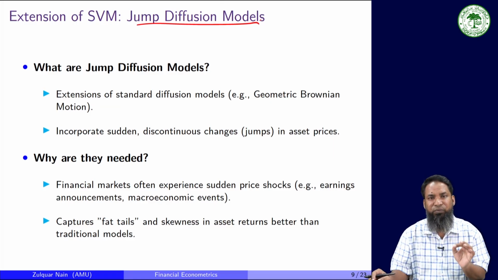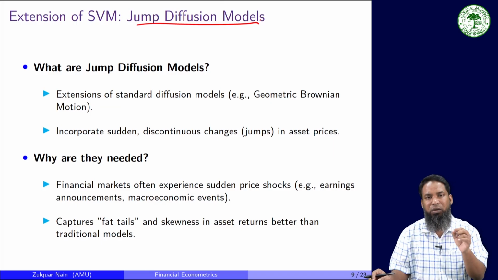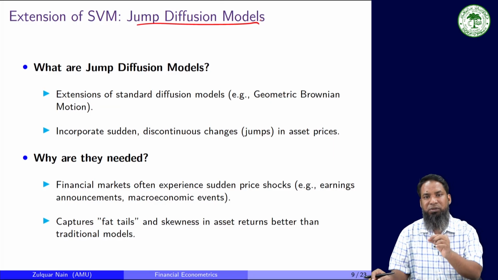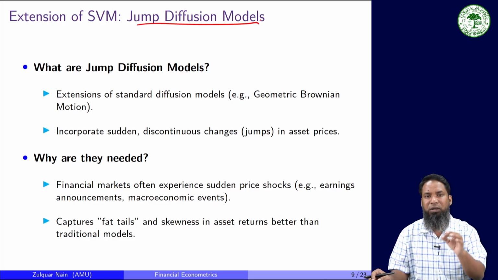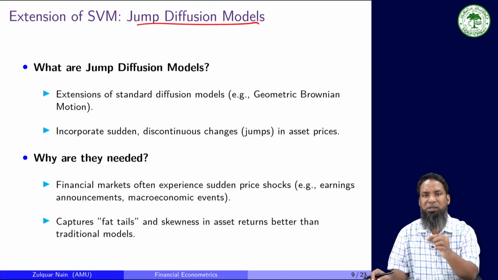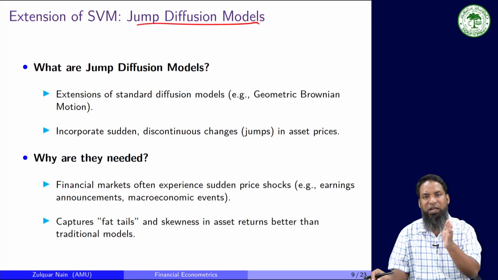Basically, in a diffusion model, we assume that a particular process follows a continuous evolvement. There is no break or jump like the integers. It is a continuous process. Basically, we use differential equations, not difference equations, assuming that time is continuous.